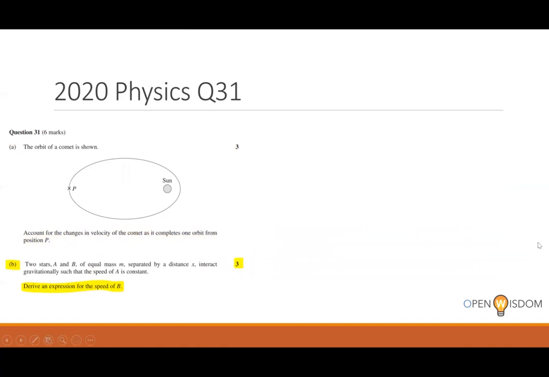Now let's move on with question B. Two stars A and B of equal mass m, separated by a distance x, interact gravitationally such that the speed of A is constant. Derive an expression for the speed of B. Just because it says it's a derivation question doesn't mean that it's specifically just calculation.